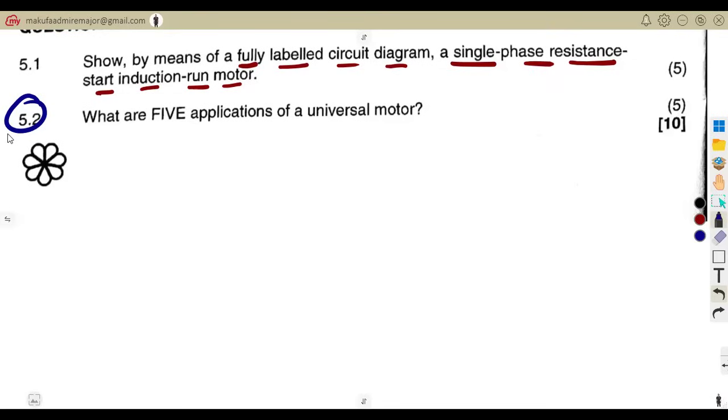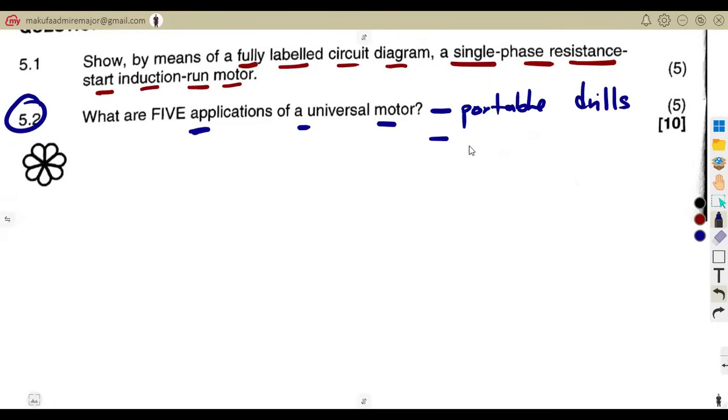Then 5.2, what are 5 applications of a universal motor? Where do we use these universal motors in real life? They are used in portable drills, so you can consider the use of portable drills.